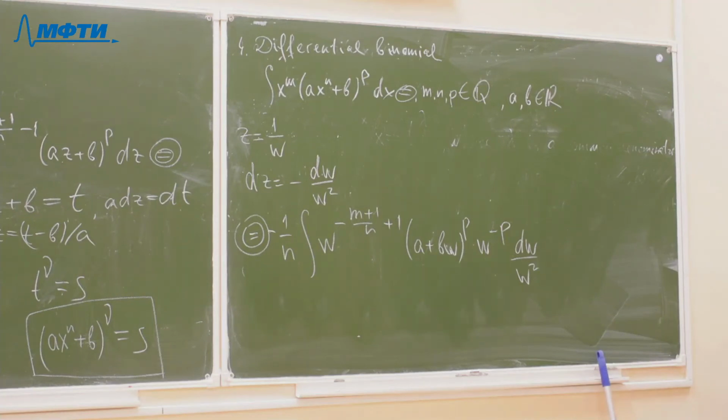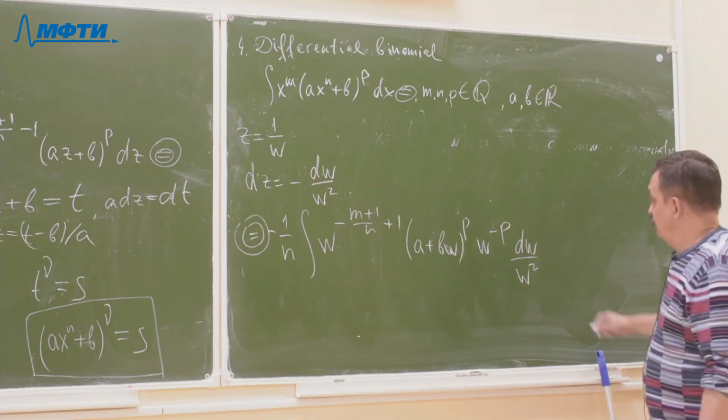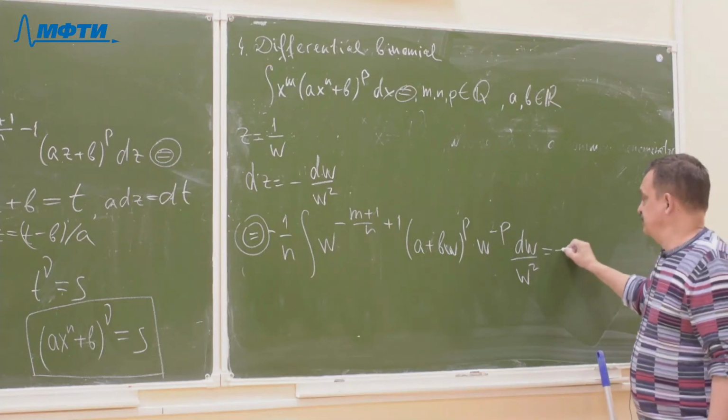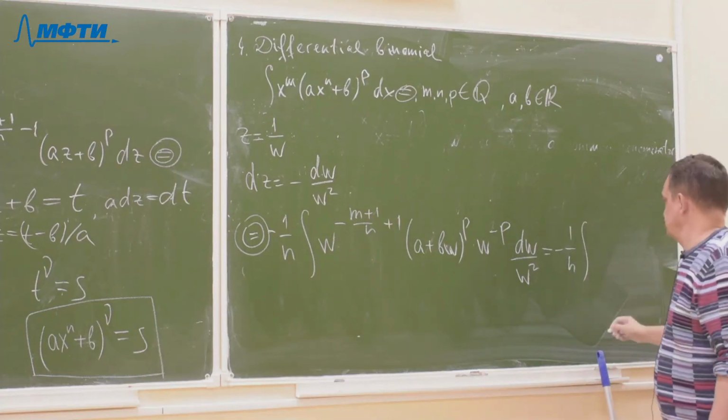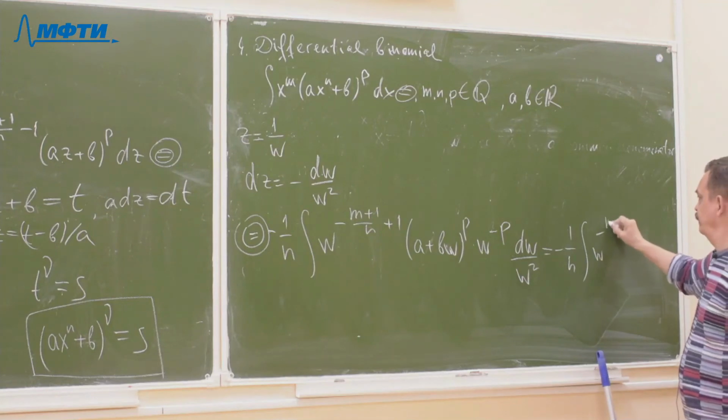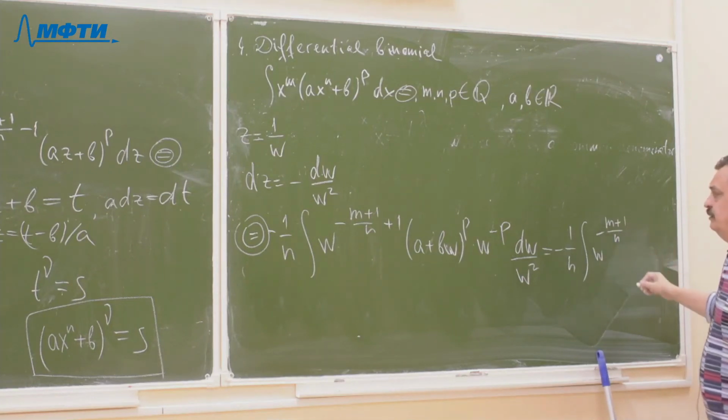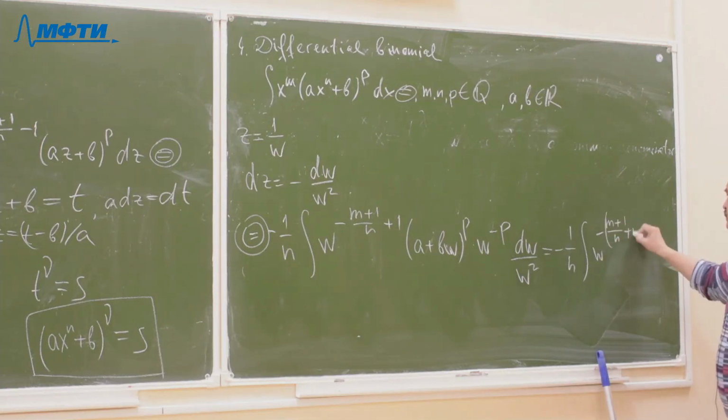Look, this is very similar to what was written before: w to the power minus (m plus 1 over n plus p minus 1) times (a plus bw) to the power p dw.